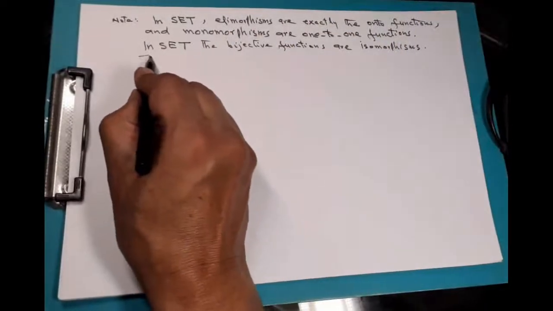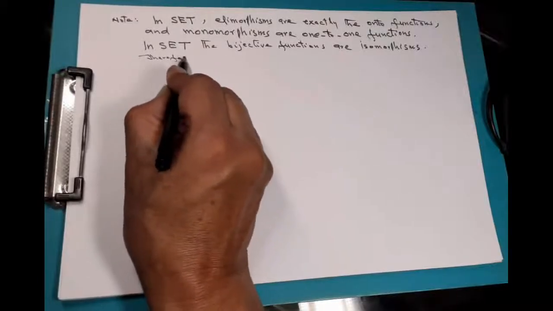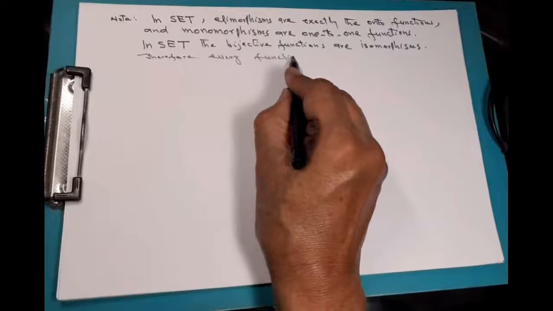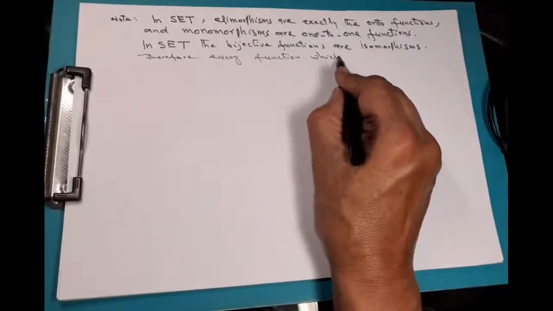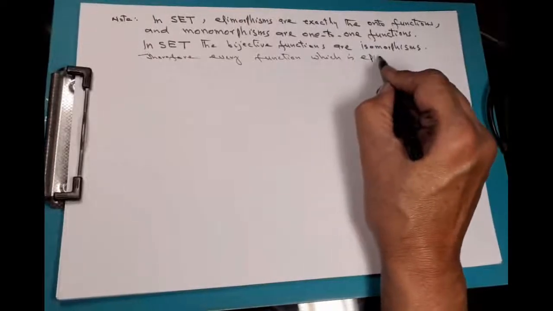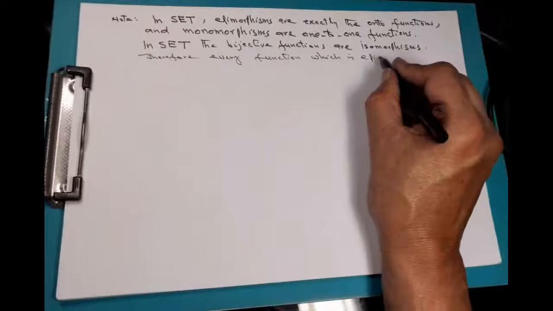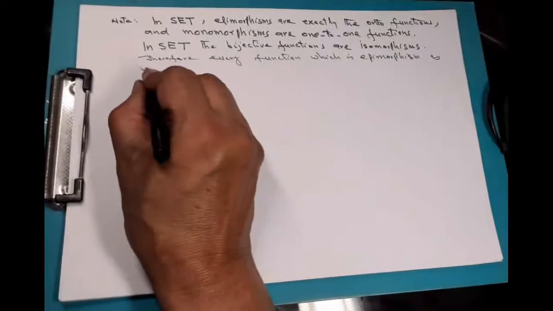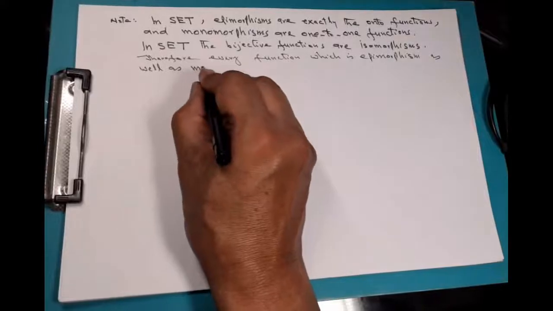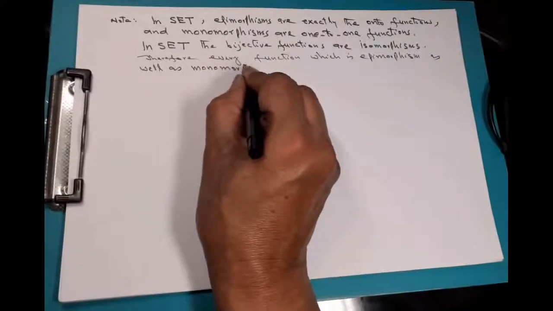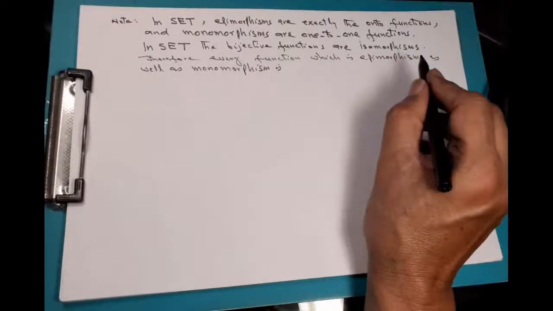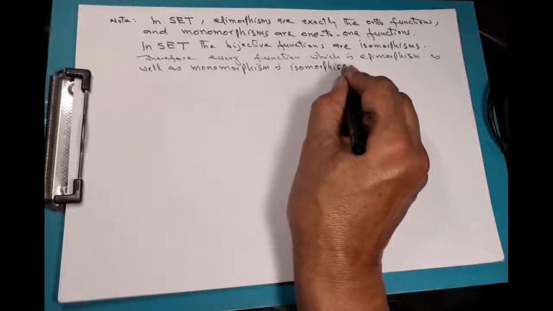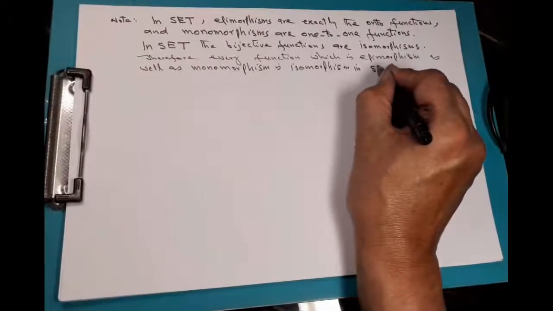So every function which is an epimorphism as well as a monomorphism, onto as well as one-to-one, is an isomorphism in the category of sets.